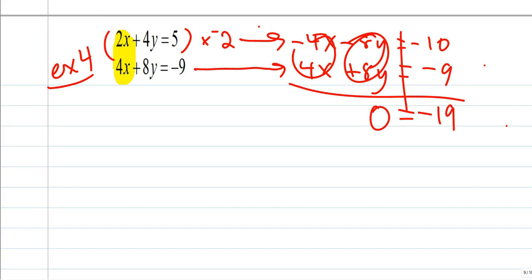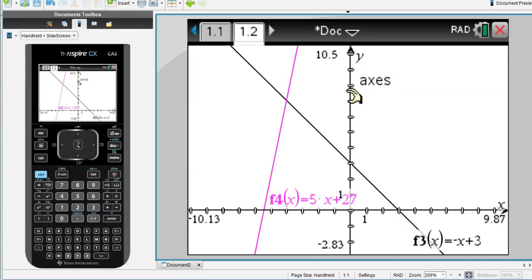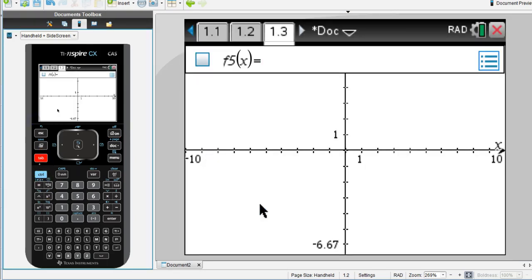horrible y-intercepts. But if I graphed the first one, it would be y is equal to negative 1/2 x plus 5/4. If I graphed the second one, it would be negative 1/2 x minus 9/8. But the lines would be parallel. So we would have no solution. We would have a contradiction.